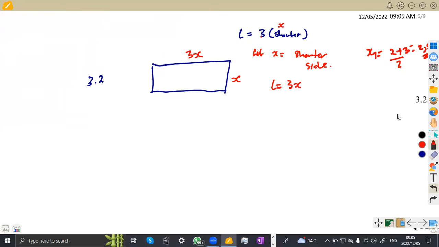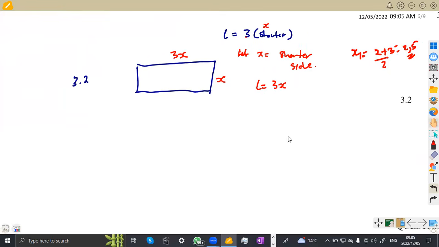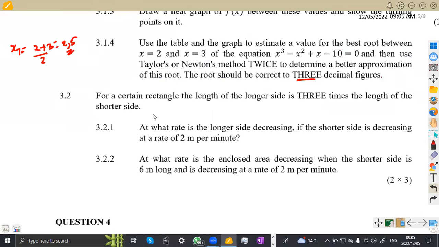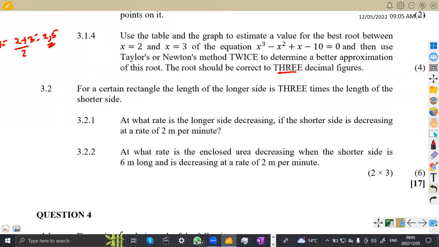Now let's move on and see what the statement is saying. We are given at 3.21 here: at what rate is the longer side decreasing? Which means it must be negative if it is decreasing. So they are asking us, at what rate is it decreasing if the shorter side is decreasing at a rate of 2 meters per minute?